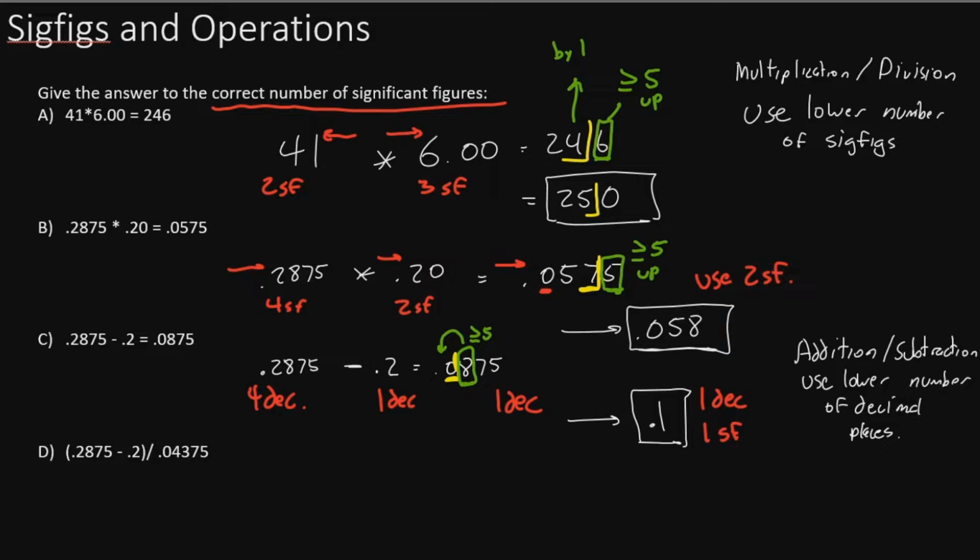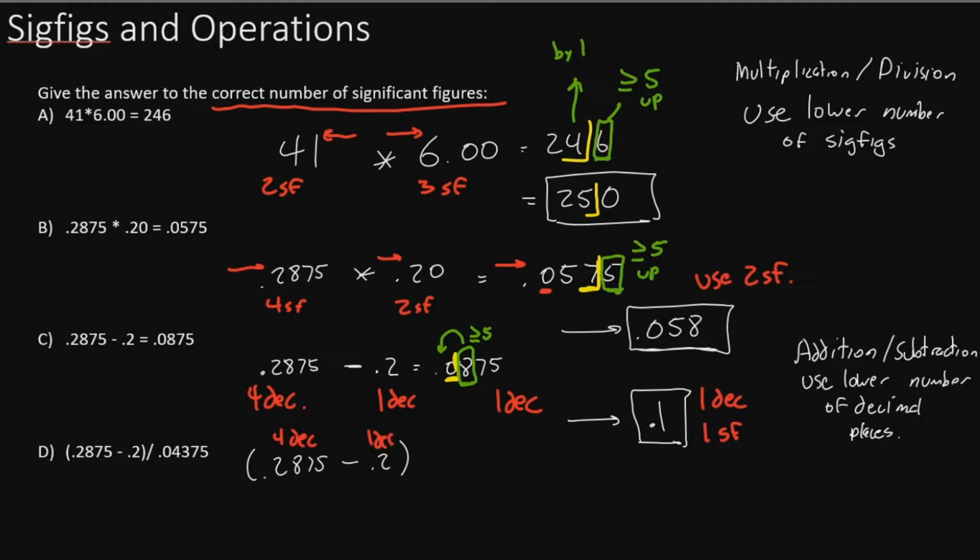Now in part D, we have 0.2875 minus 0.2 in parentheses, now divided by 0.04375. We'll look to the operation inside the parentheses first. Now, we've already done this operation. We know that we had 4 decimal places minus 1 decimal place.